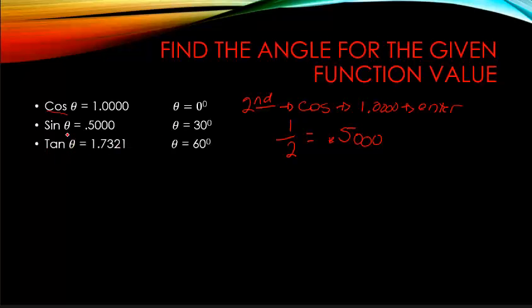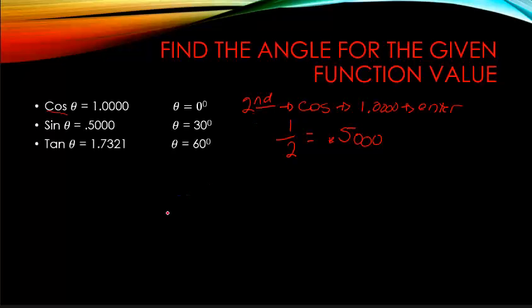Tangent of an unknown angle is 1.7321. Practice punching that in and see if you get 60 degrees. So the only difference is we're hitting the second button from what we did in the last video. Second, because we're doing the inverse or the opposite function.